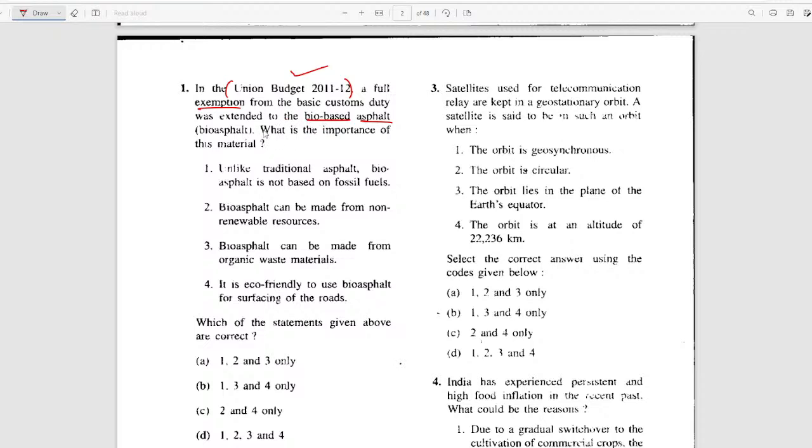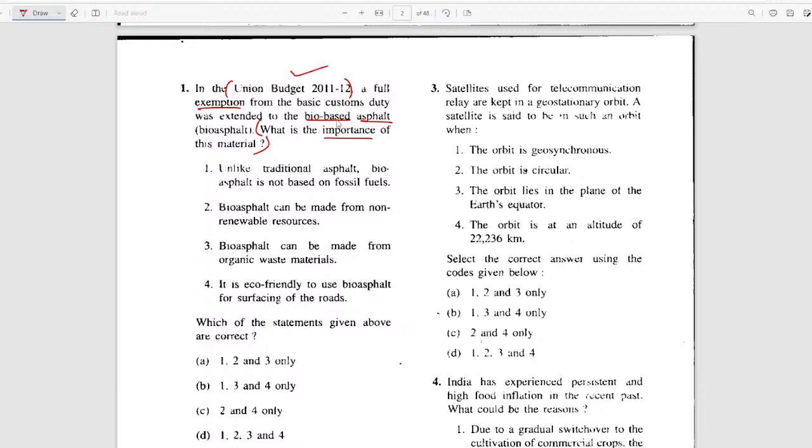Also read the question carefully, this is very important. What is the importance of this material? Whenever you come across any material, even now when you are reading PT 365, if PT 365 has not given the importance of that material, it's your duty to Google search it and read about its importance.